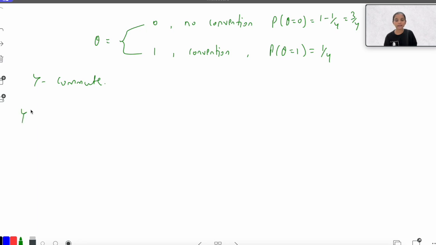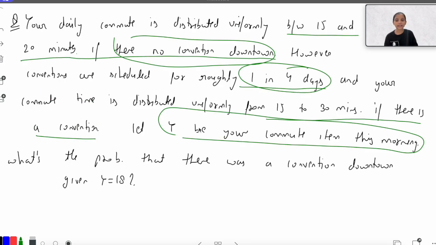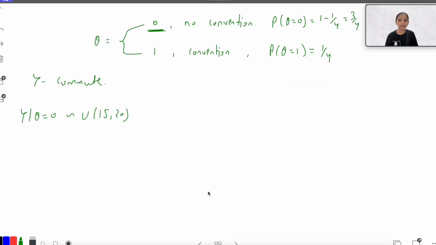So Y given theta follows uniform 15, 20 when theta is taking the value 0. Second, it is distributed uniformly from 15 to 30 minutes if there is a convention. That means Y given theta is equal to 1 follows uniform with 15, 30.